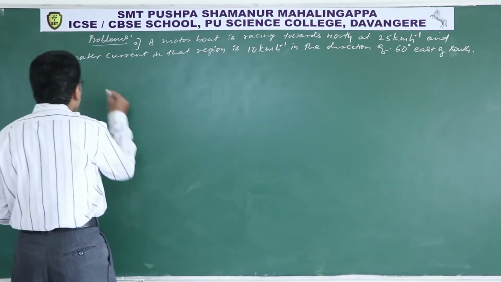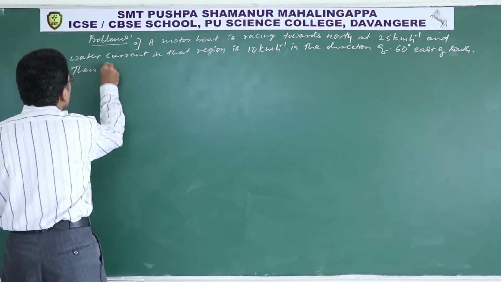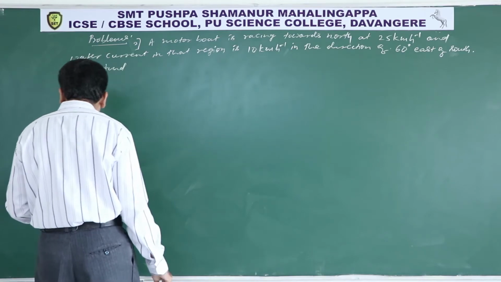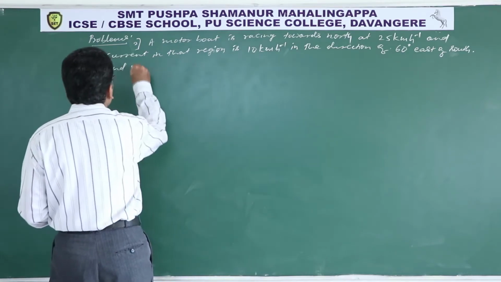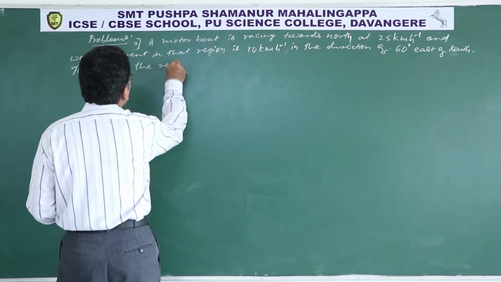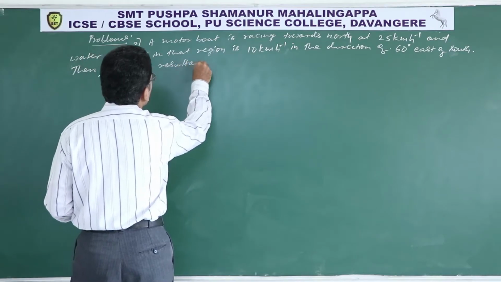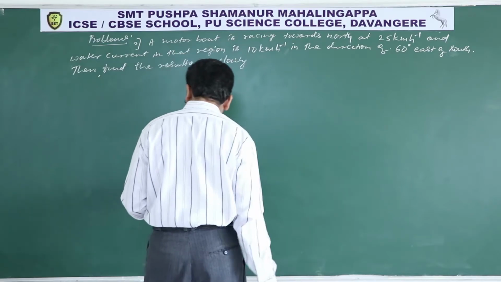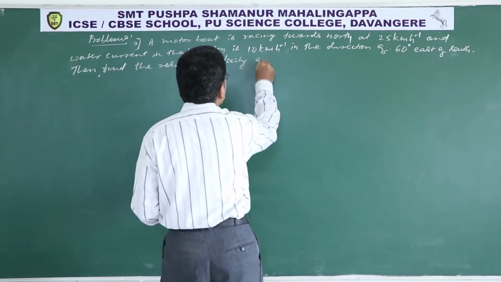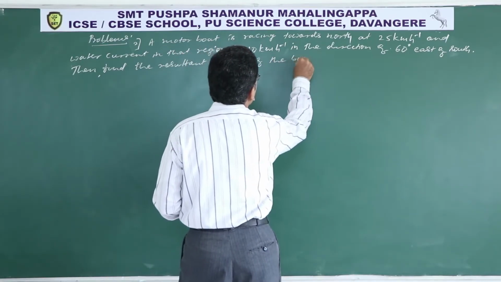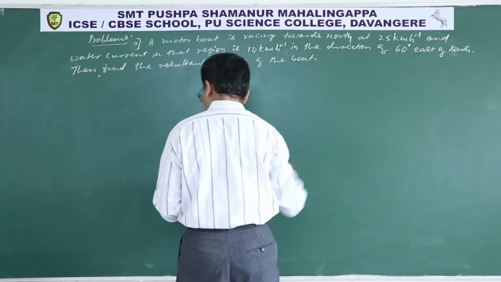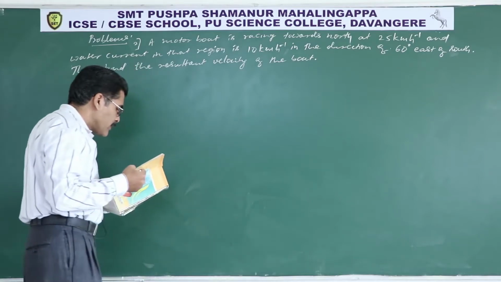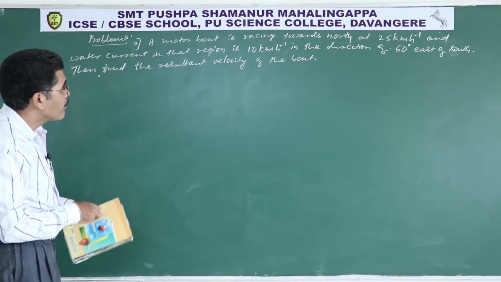Then find the resultant velocity of the boat. You have to find out what is the resultant velocity of the boat.